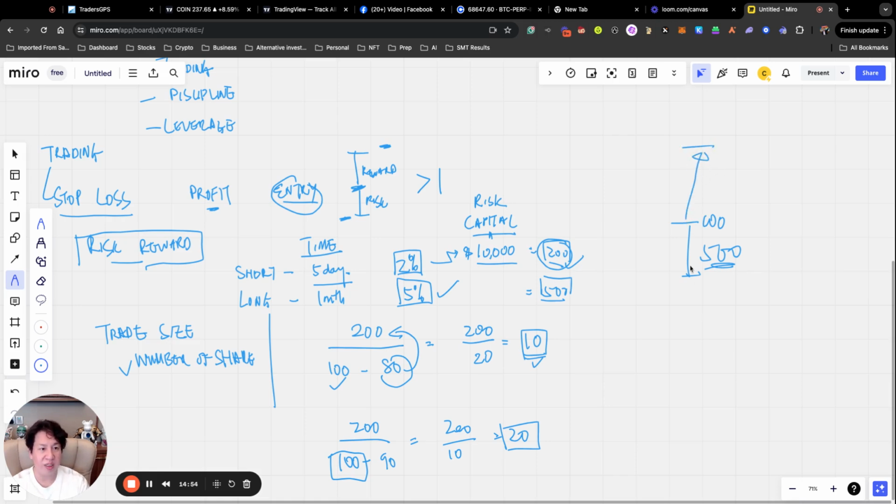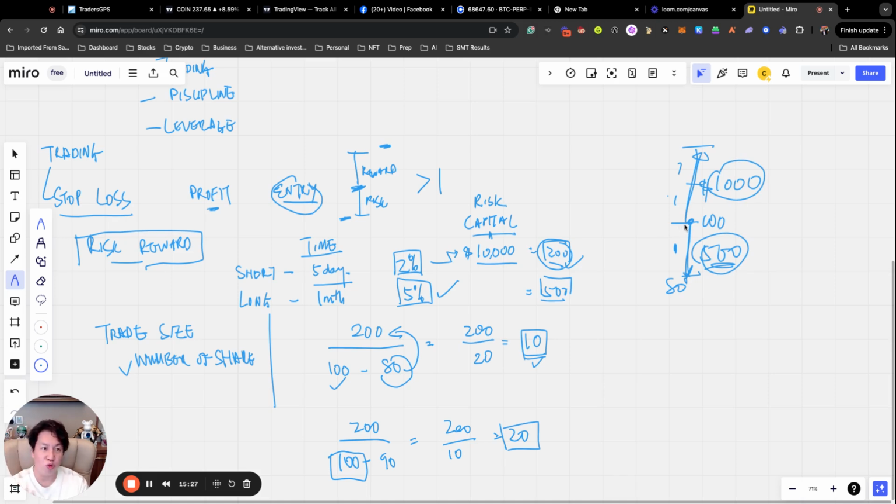Let's say my entry price is $100 and my stop loss price is $80. Risk reward means if I'm correct and it goes up, I make 2 times, so I'll make $1,000. That means when it goes down, I will lose $500, and when it goes up, I will make double, which is $1,000.